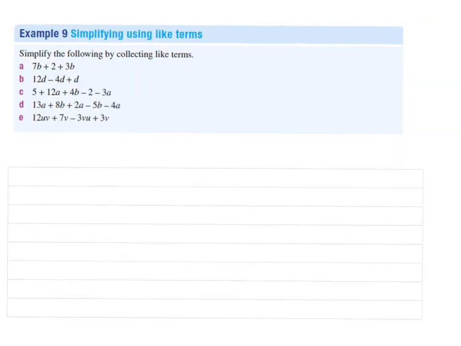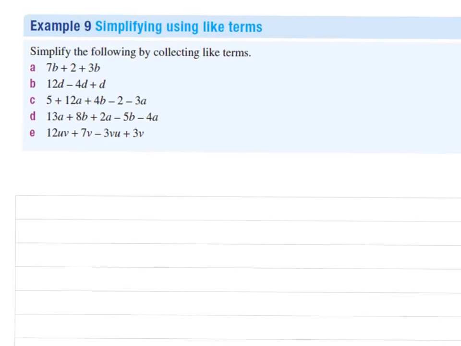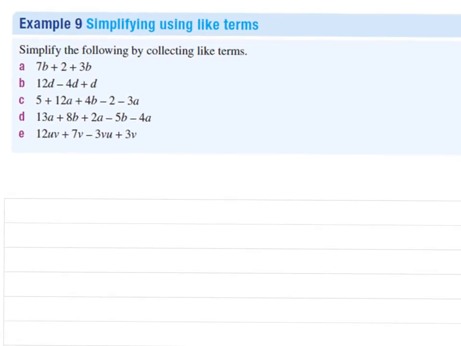Once we know how to identify like terms, we can use those skills to simplify some expressions. It's a really good idea to have a couple of different colours of pen with you so that you can start to underline your like terms. We're going to simplify, which means we're trying to make it a more simple expression, the following by collecting like terms.